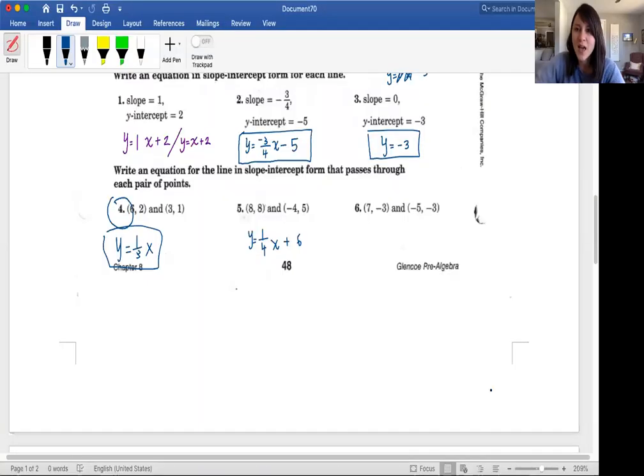Okay, did you notice that something very interesting happened? When you found your slope, did you find your slope as 0 over a number? I found mine was 0 over 12. Your slope is 0.